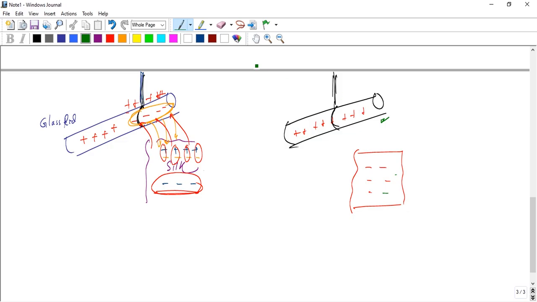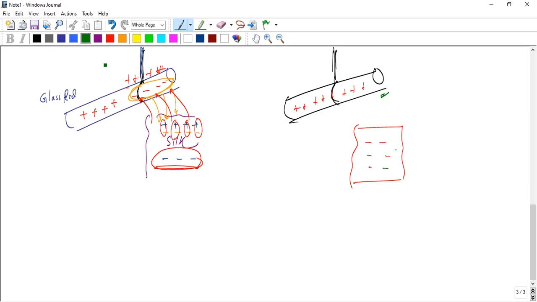Now take a similar glass rod hanging by an insulating thread. The glass rod is all positive.